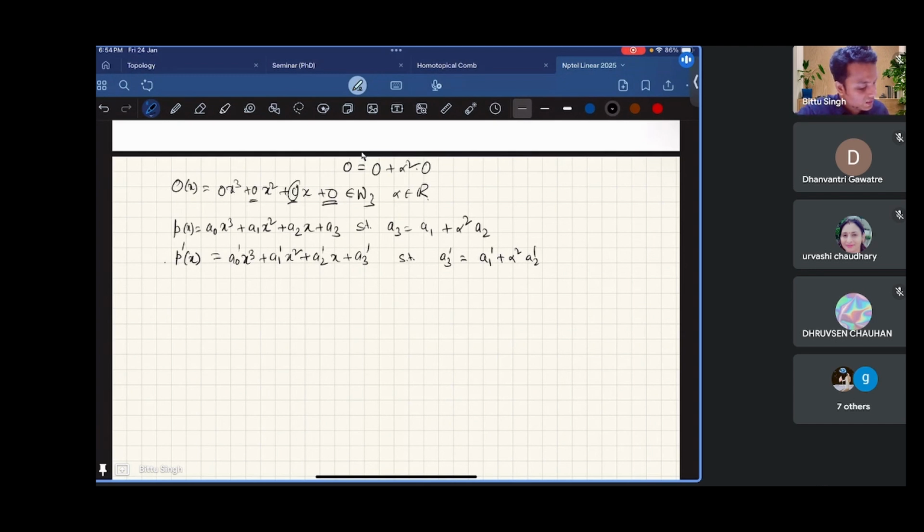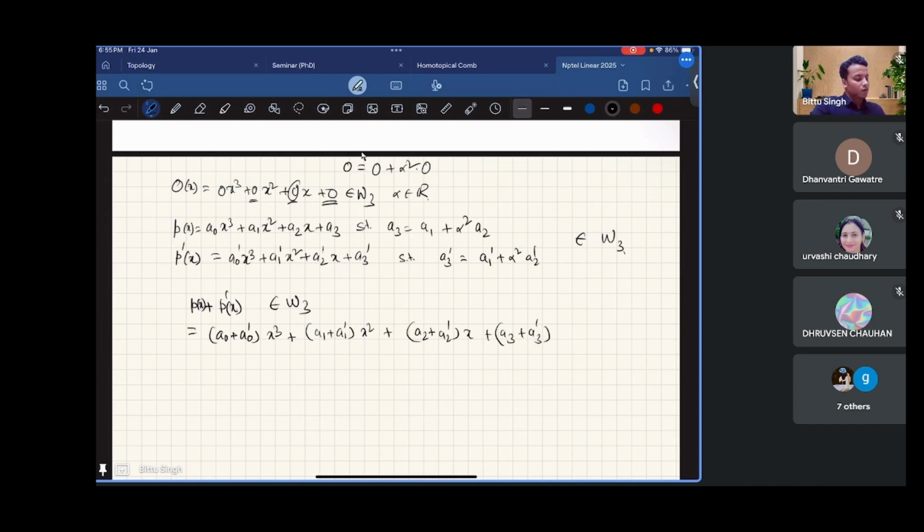Now if P of x and P dash of x both belong to W3, then we need to check if their sum also belongs to W3. But is it true? What will be the sum of P of x plus P dash of x? The sum will look like A0 plus A0 dash x cube, A1 plus A1 dash x square, A2 plus A2 dash x, A3 plus A3 dash.